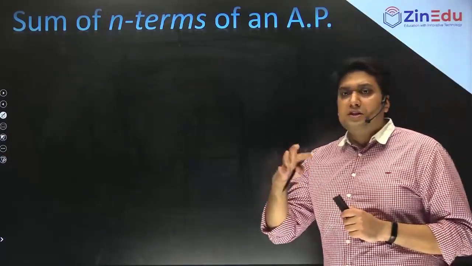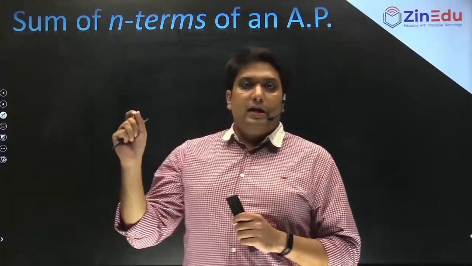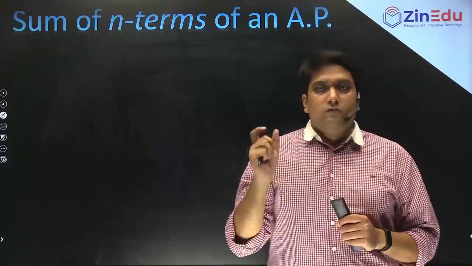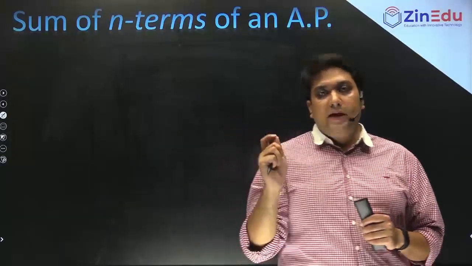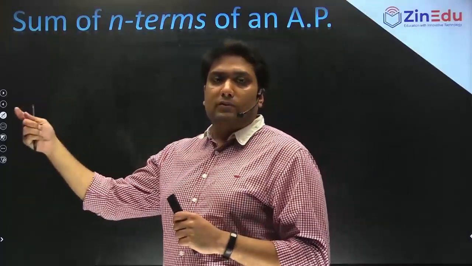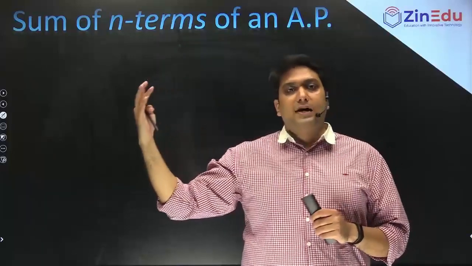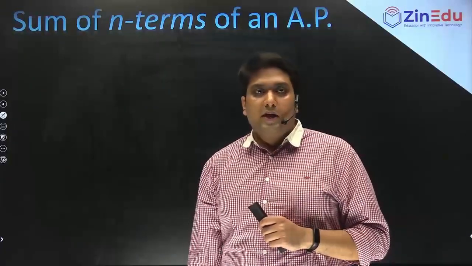So let's go with the general form of an AP that we have used earlier, that is a, a plus d, a plus 2d, a plus 3d, and up till the nth term, which we can represent as a plus (n minus 1) into d.